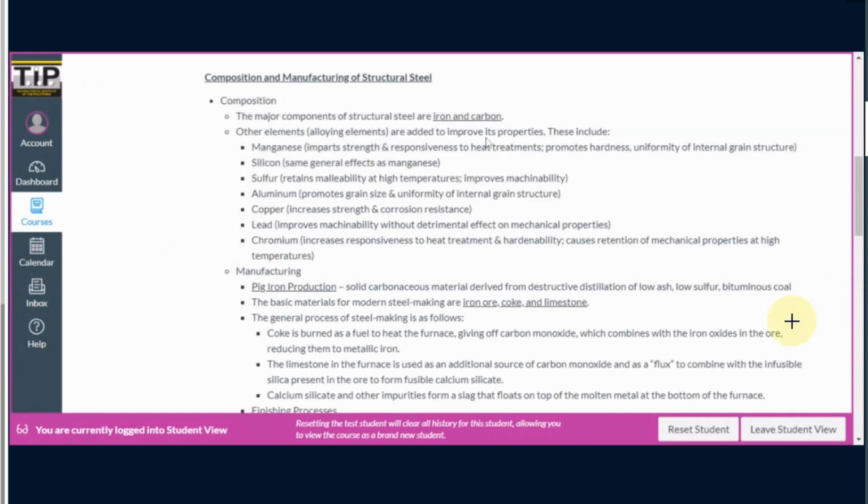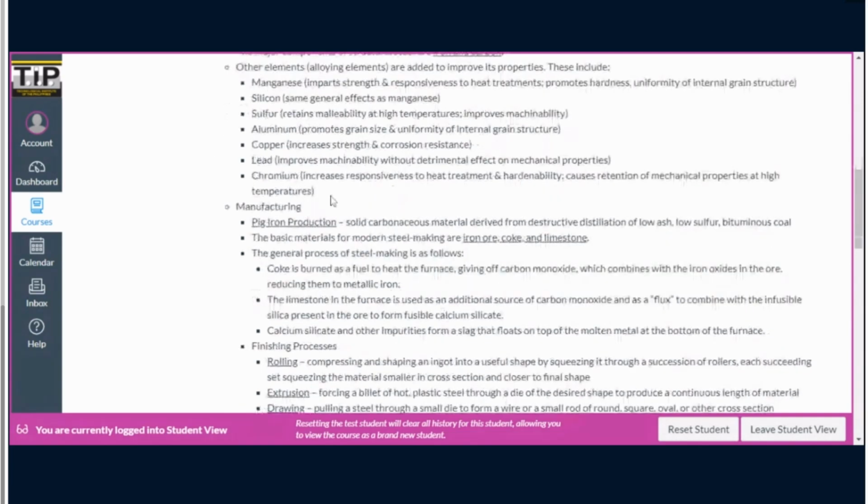So I will show a video presentation later to show how structural steel is manufactured. So for now, let me just discuss some of the processes that steel mills or steel factories perform to produce steel.